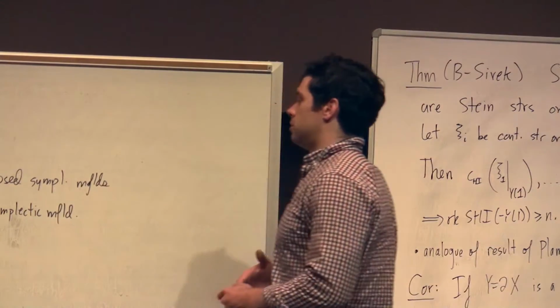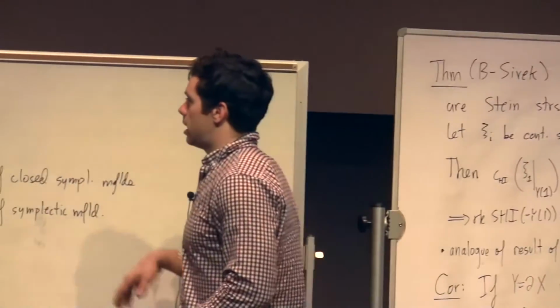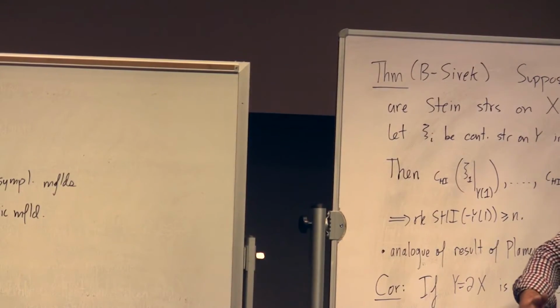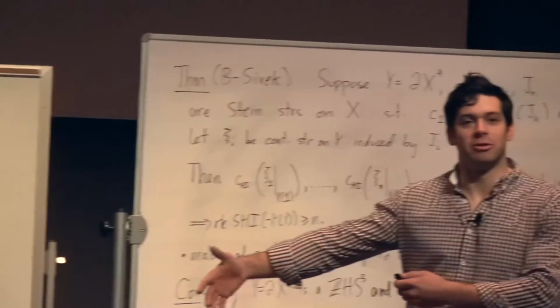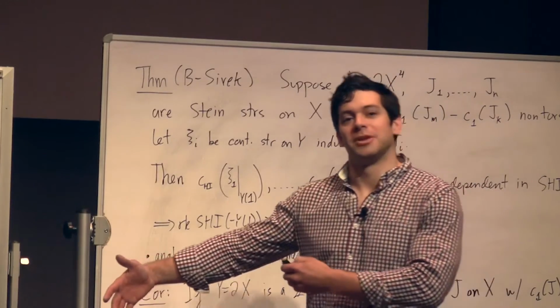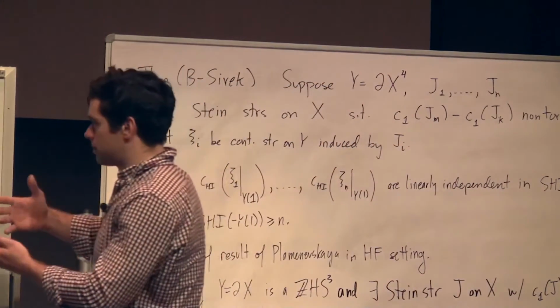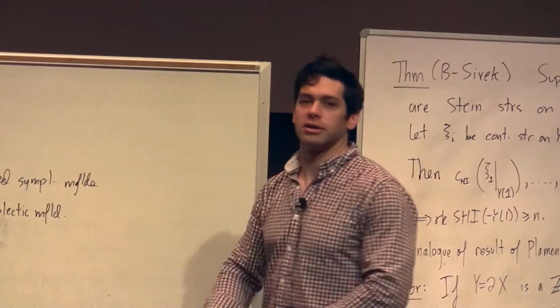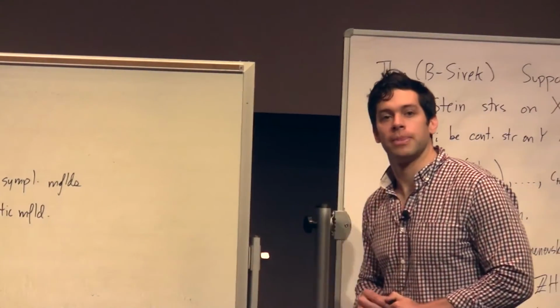What we have to argue is that we can embed our analog of the Stein manifold into a closed symplectic manifold for which the conjecture has been proven. So we use Witten's conjecture in that case, and Taubes' result, to show that the Donaldson invariants are non-zero, and then from there the proof is very similar.